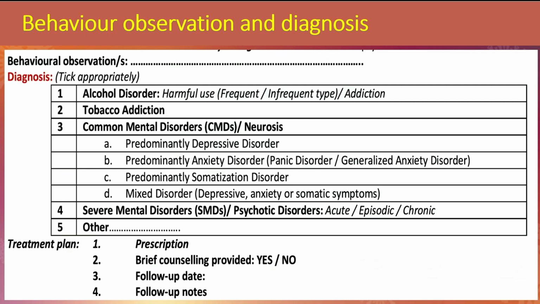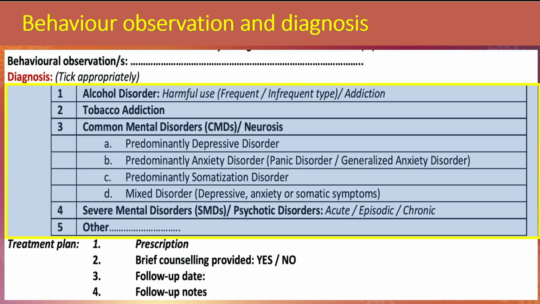Now, moving to the important part, that is behavioral observation and diagnosis. Here, in part 1, whatever behavior of the patient is noted during the interview of the patient and family members needs to be documented. Moving to the second part, that is the diagnosis. If the patient has alcohol use disorder, document it here, whether it is harmful use or addiction.